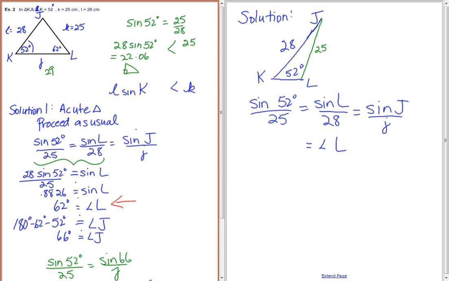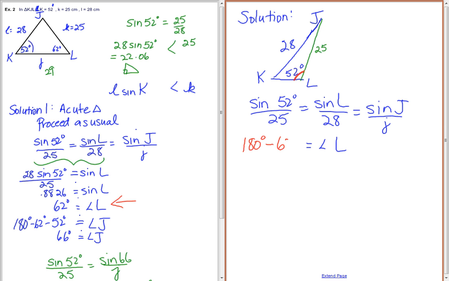But I know for this particular possibility, when it bends back the other way, angle L is an obtuse angle. So for this triangle, angle L is 180 minus what your calculator gives you, 62 degrees. Your blue cheat sheet that I gave you says that if your calculator gives you one angle, and we're talking about sine of an angle, the other possibility always comes from 180 minus the original.